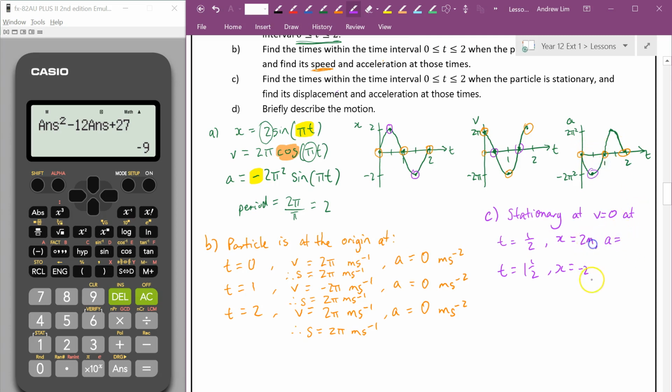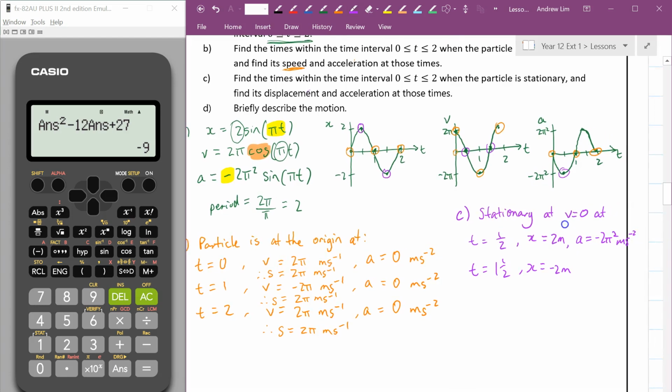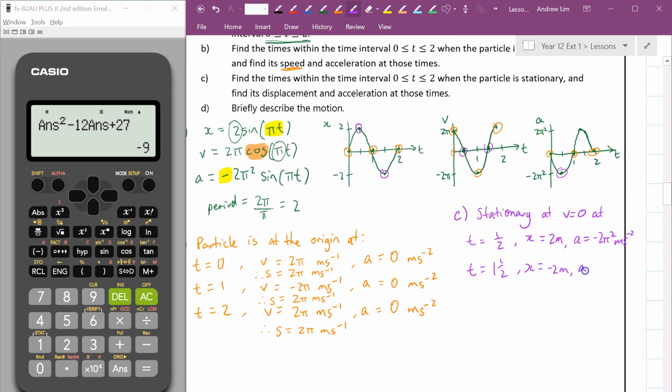So I might write meters here. And minus 2 pi squared meters per second squared. And acceleration at 1.5. Okay, so I'm looking at the acceleration graph. At 1.5 it is 2 pi squared. Positive 2 pi squared meters per second squared.